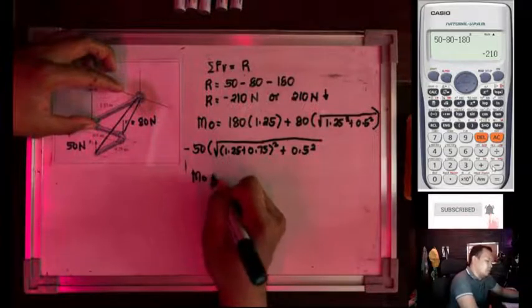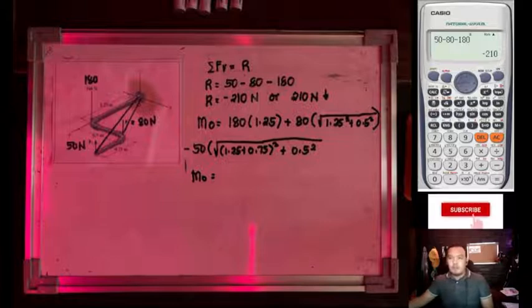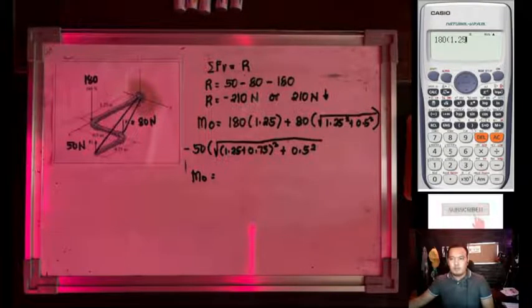So, MO is equivalent kay, we have here 180 times 1.25 plus 80 times square root ni 1.25 squared plus 0.5 squared minus 50 times the square root of 1.25 plus 0.75 squared plus 0.5 squared equals.